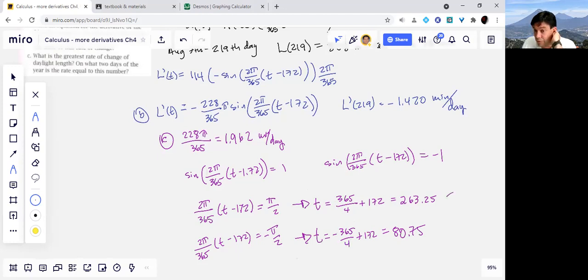Now, the 263rd day and the 81st day. And really, we should find out that this is during the equinoxes. The 81st day of the year should be March 21.